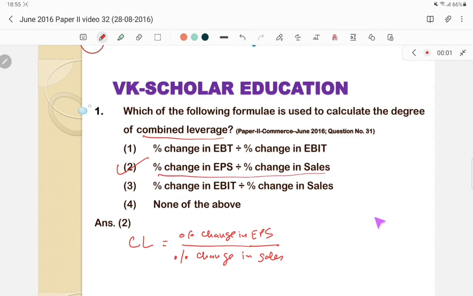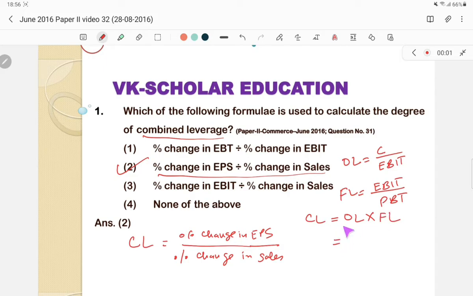Okay. So, you know that operating leverage is contribution divided by EBIT, and financial leverage is equal to the EBIT divided by profit before tax. So, combined leverage is calculated with the product of operating leverage multiplied by financial leverage.